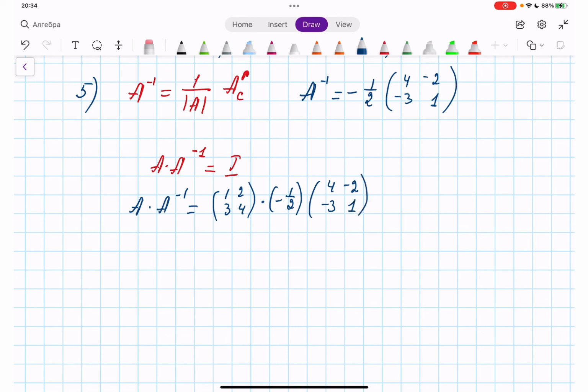Okay, let's see what we're going to get. Negative 1/2. So I'm getting the following, multiplying this 1 by this 4, right? And then these 2 multiplying by these 3 and adding them up.